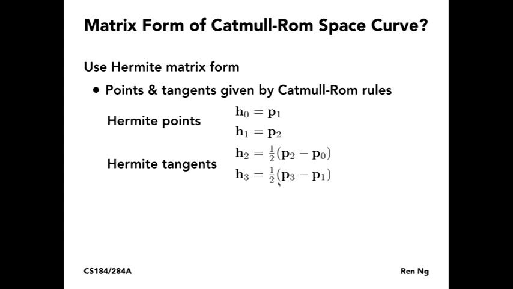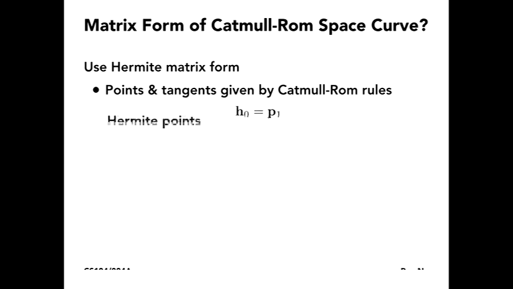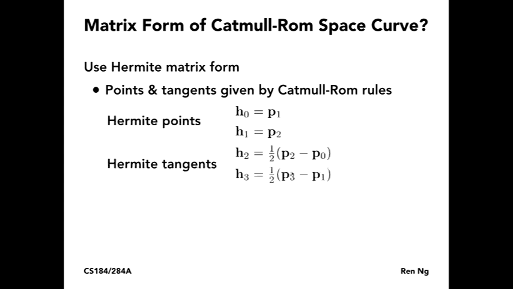P1 was where we're going to be doing the interpolation from, but you needed the previous point and the next point in order to define this tangent vector, right? So you need these 4 points, P0, P1, P2, P3, in order to define the curve segment between P1 and P2. So we could just define a mapping from these objects through to these, where these are the positions and these are the tangent vectors.